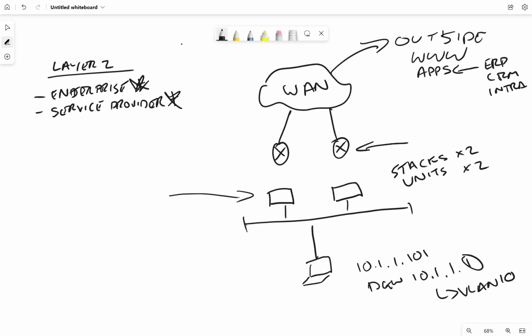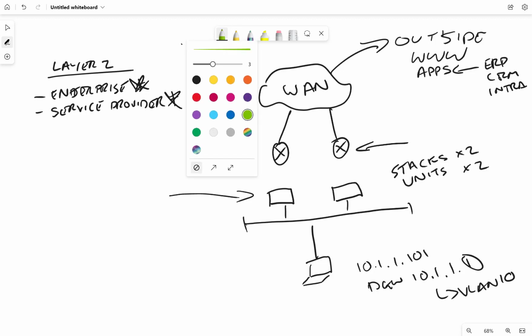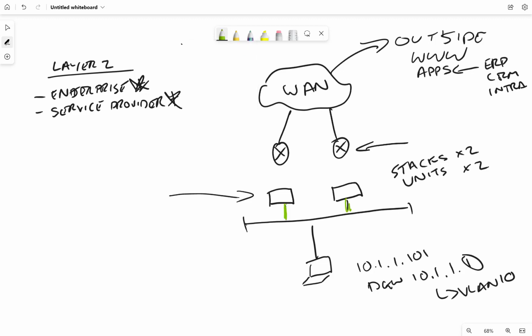and when we have VLAN 10 in play, let's call this a green VLAN, and that's the data VLAN which the PC is connected to. It's just an arrow pointing to this PC.